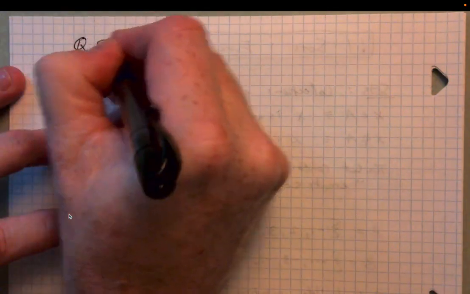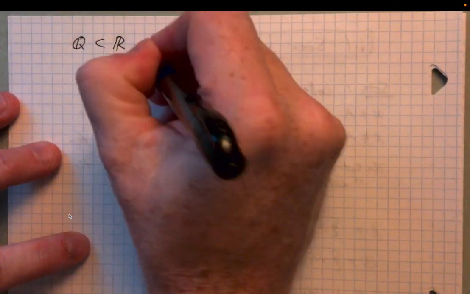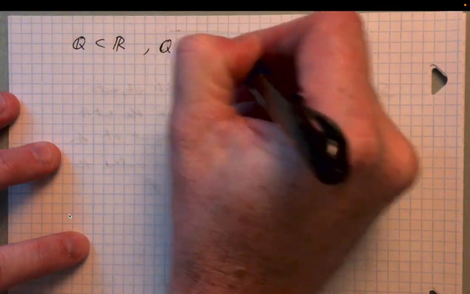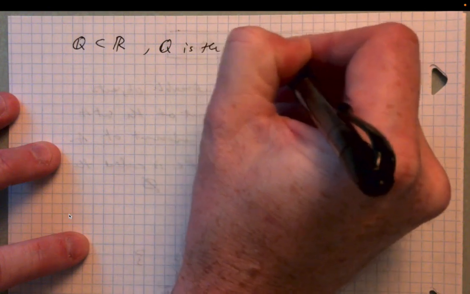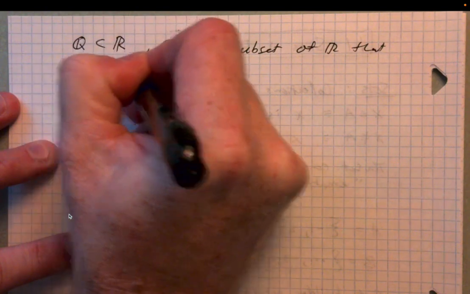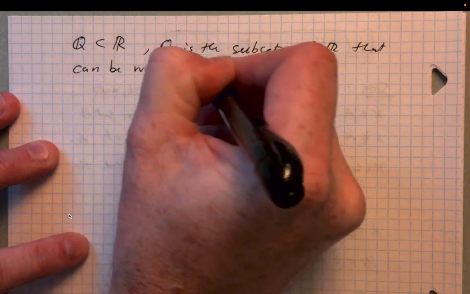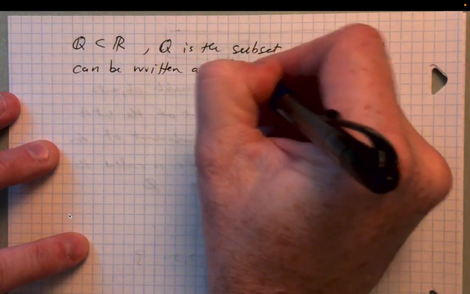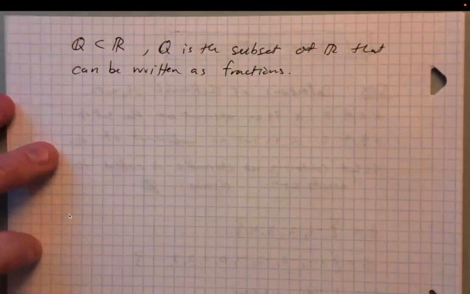We know that Q, the rational numbers, are a subset of the real numbers, right? Specifically, Q represents all of the real numbers that can be written as fractions. So Q is the subset of R that can be written as fractions, basically, the ratio of two integers.